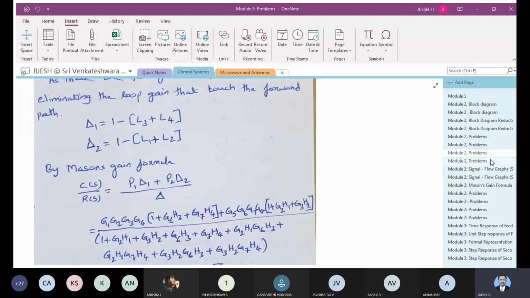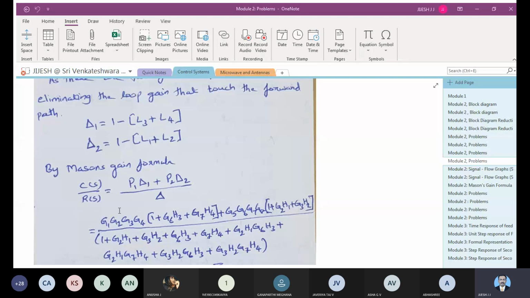One more problem I think we have discussed, that is this one, where you have seen that G2 and G3 are in parallel, and further all these blocks became in cascade, and then we had to move the summing point behind the block. So we have shifted the summing points, and we changed it in this form, then again split the summing points.